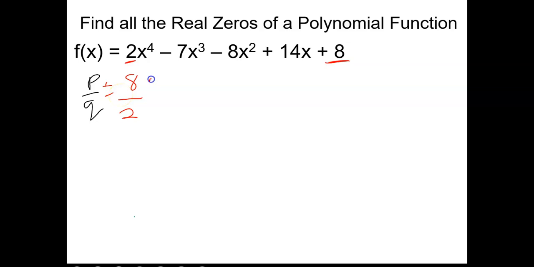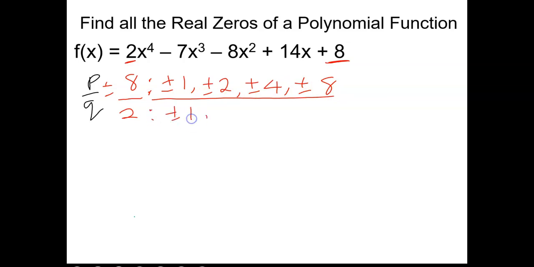All the possible factors of 8 would be plus or minus 1, plus or minus 2, plus or minus 4, plus or minus 8. And all the possible factors of 2 would be plus or minus 1, plus or minus 2.